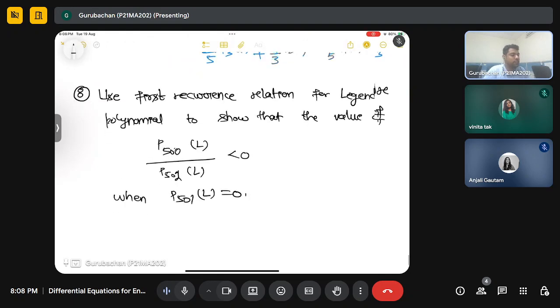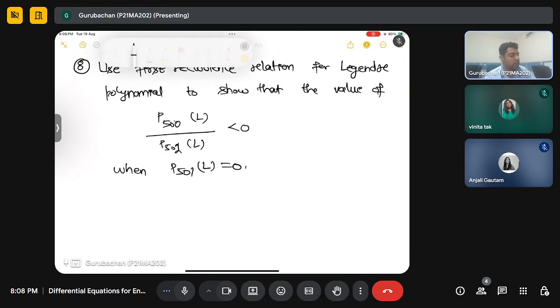So the natural question arises, what is this first recurrence relation?